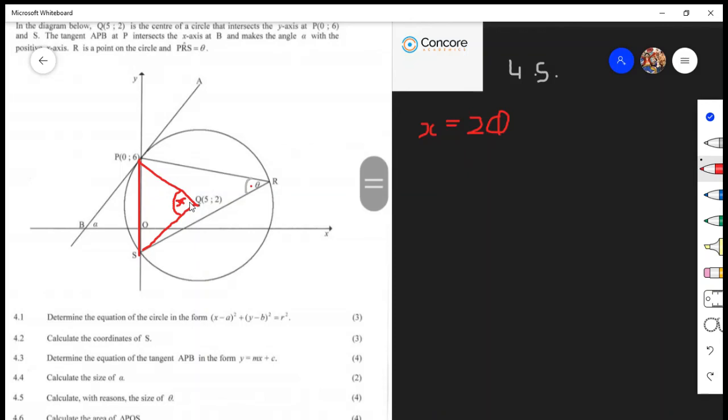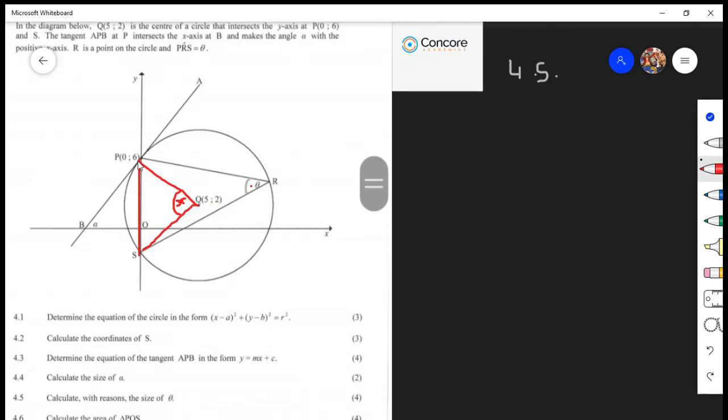Yes, I think. So we need to use the cosine rule for this red triangle, right? If we were to use the cosine rule for the red triangle, first we actually need to get a few things. So what was our radius again when we calculated it?